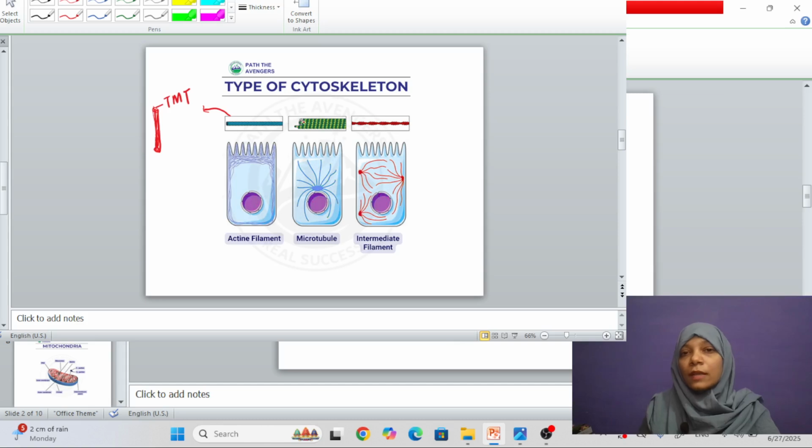This microtubule is actually made up of 13 microfilaments arranged side by side: 1, 2, 3, 4, 5, 6, 7, 8, 9, 10, 11, 12 and 13.